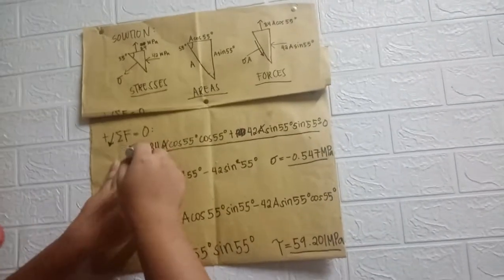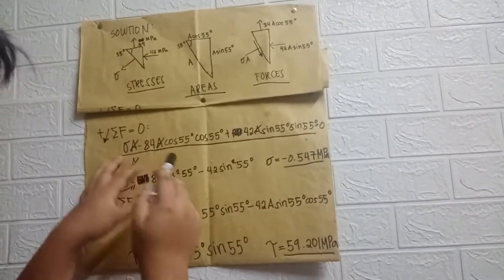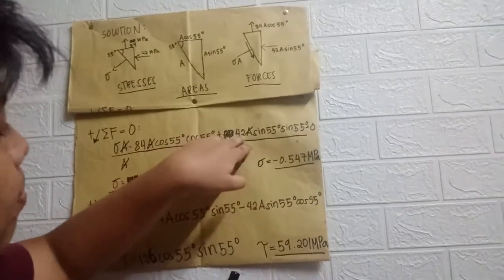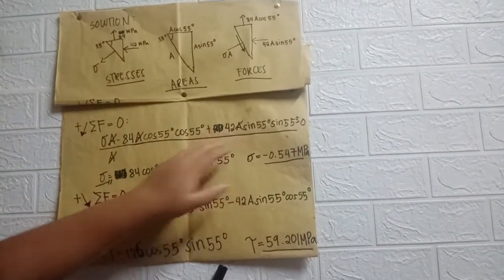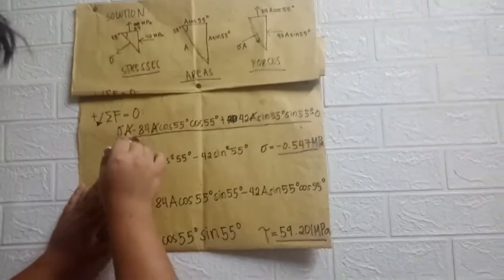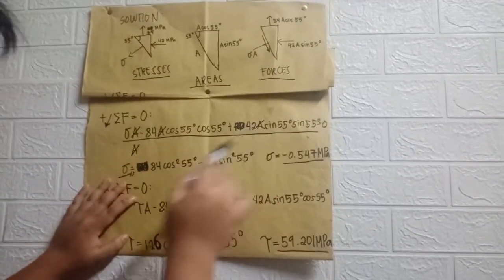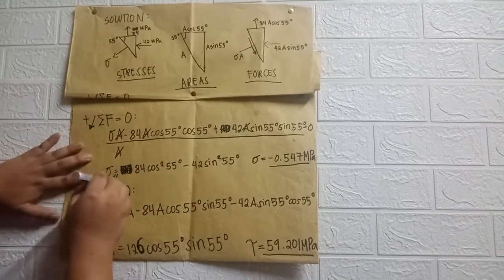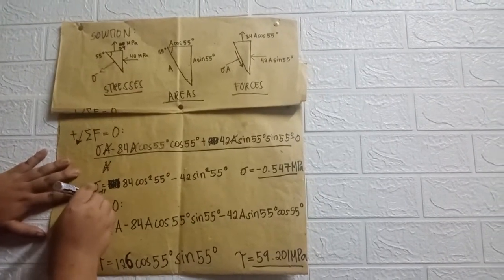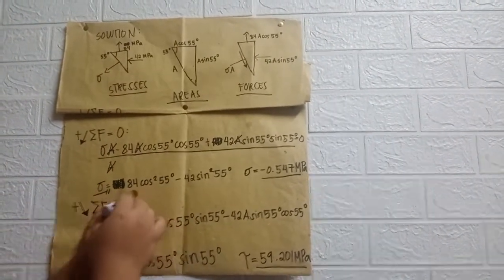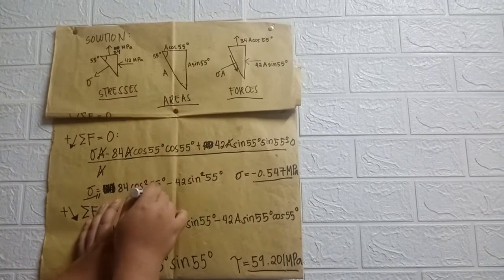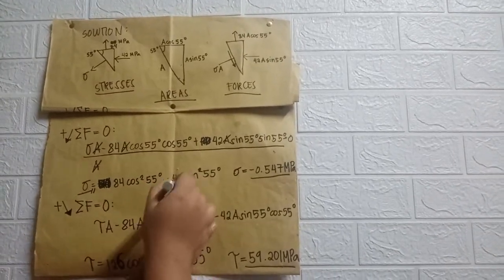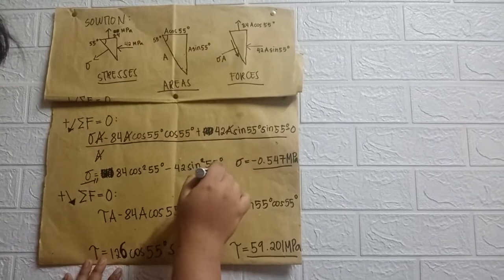I first transposed, so the negative 84 and the positive 42 became like this. I transposed and eliminated the A. I divided the A from both sides. So remaining is the symbol for normal stress equals 84 cosine squared 55 degrees minus 42 sine squared 55 degrees.